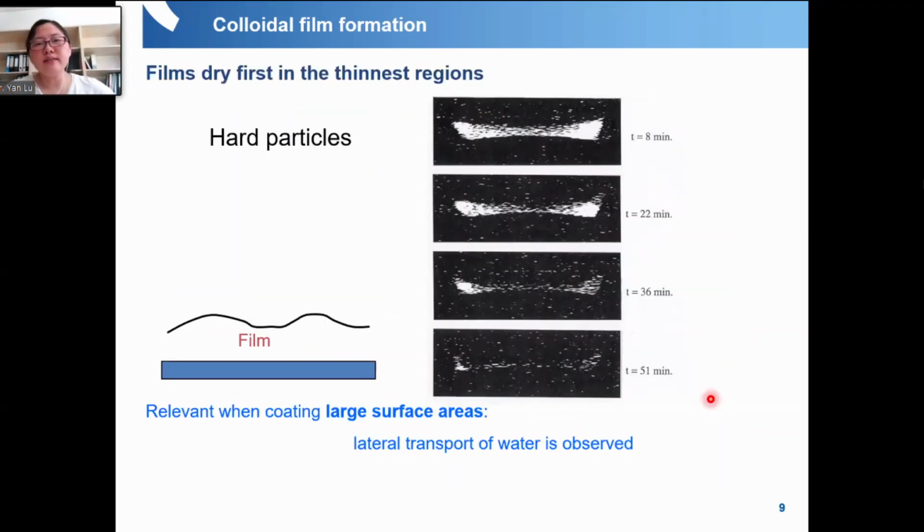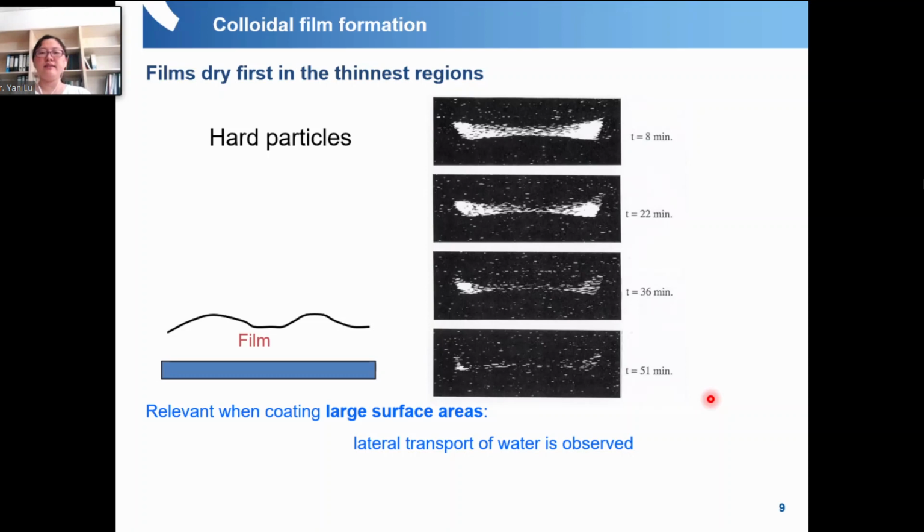Then of course, this is the simplest system. If you have a very large surface area, in that case, you will of course have a kind of fluctuation of the total film. It may not be so homogeneous, and you have some places with very thick film, some places a little bit thinner.